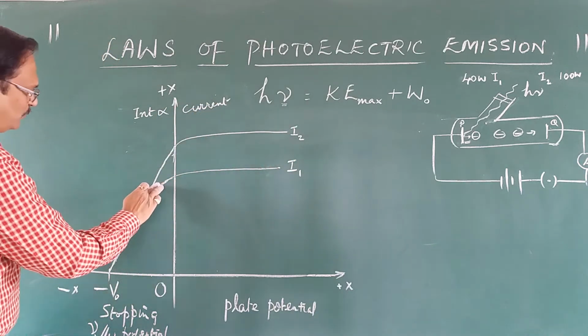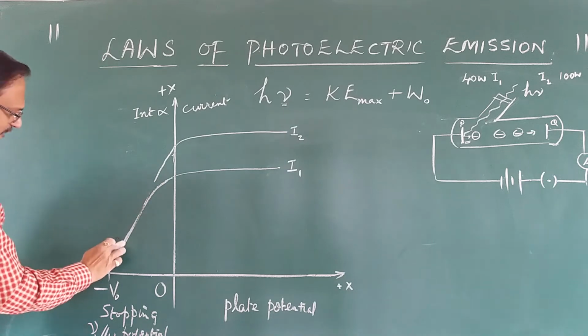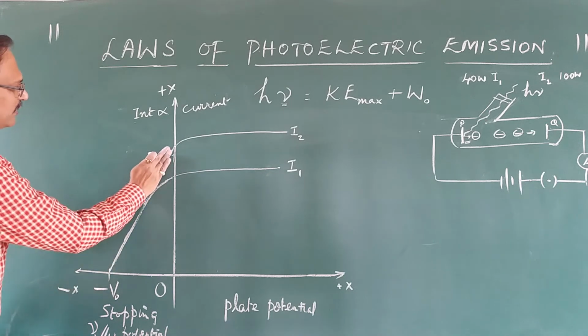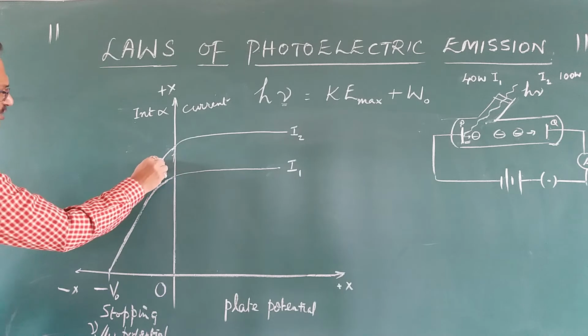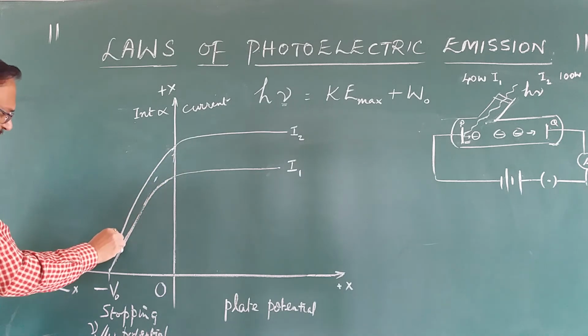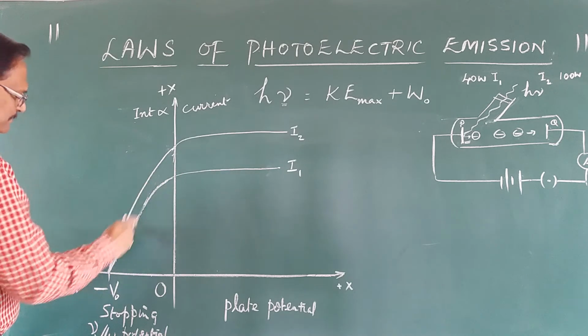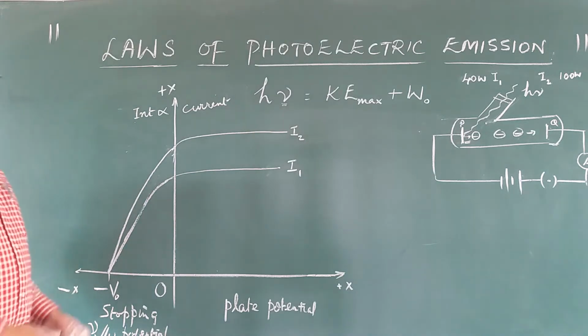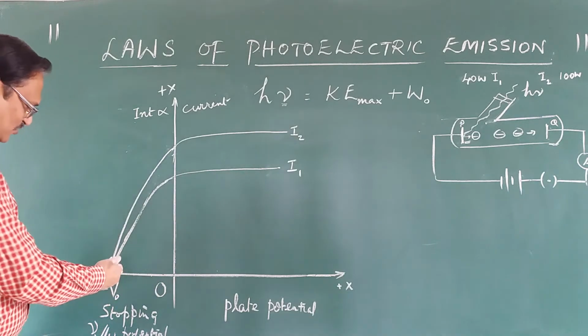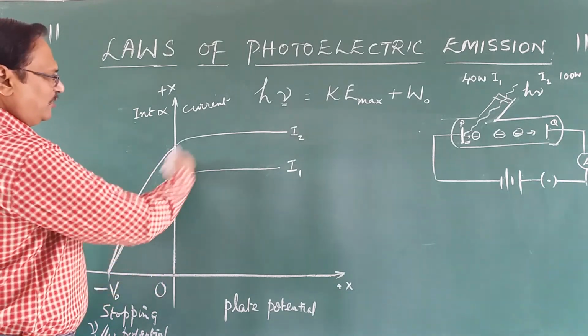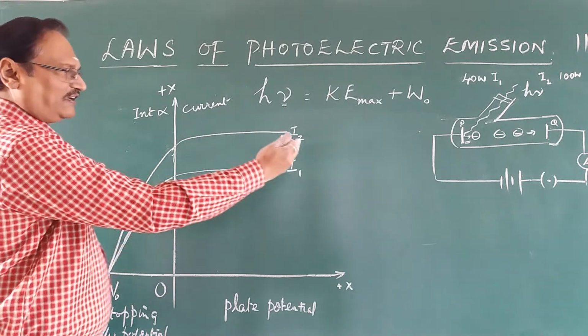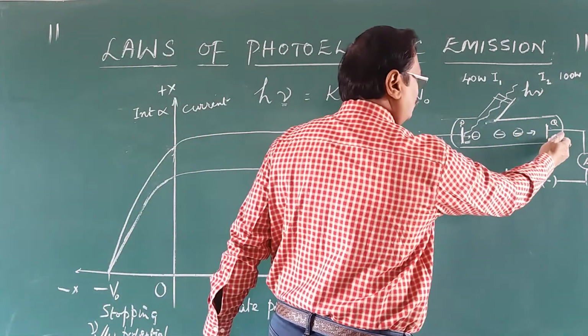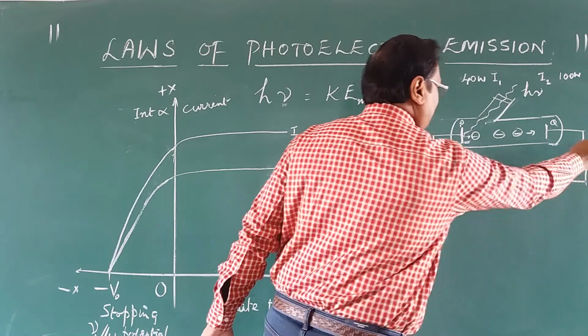For the difference's sake, you can change it a little bit like this, and you'll feel much better. That means the more the potential increases, the more electrons are collected by Q, and then the more current there is.